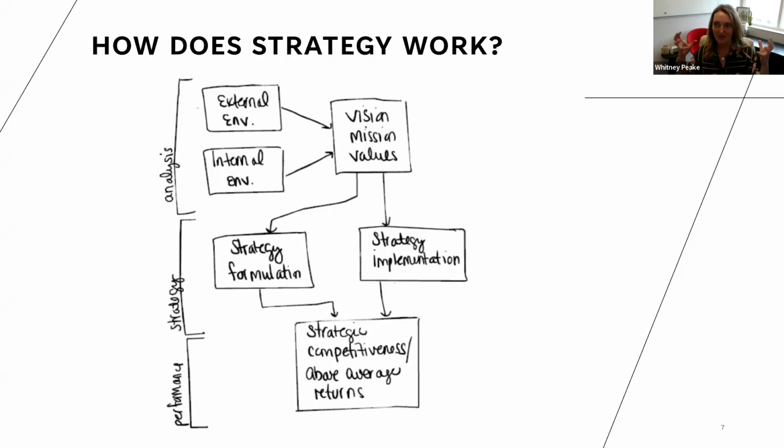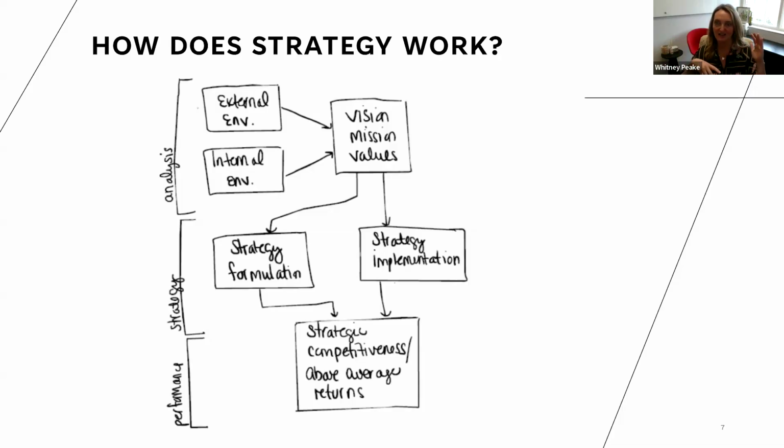All of that information taken together is going to lead to both the formulation of strategy and the implementation of that strategy. And then, hopefully, in terms of performance, if you've chosen the right strategy, if you are taking the right moves, then that's going to lead to strategic competitiveness or an advantage and above average return.